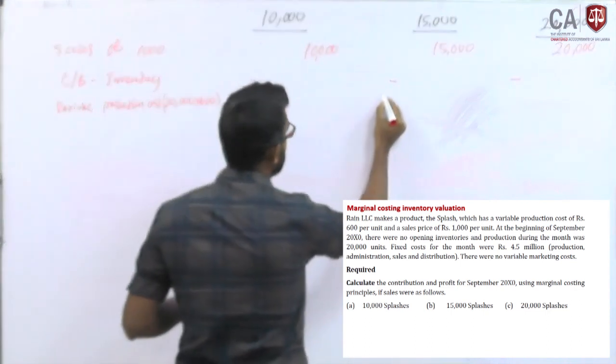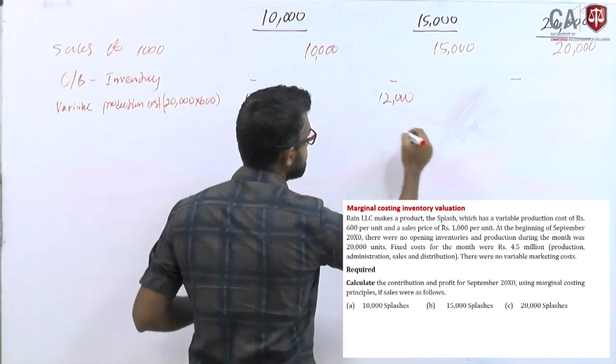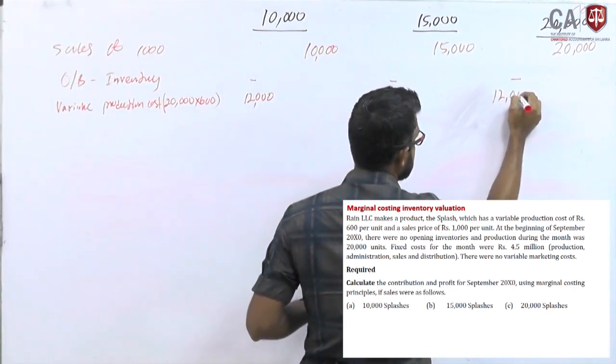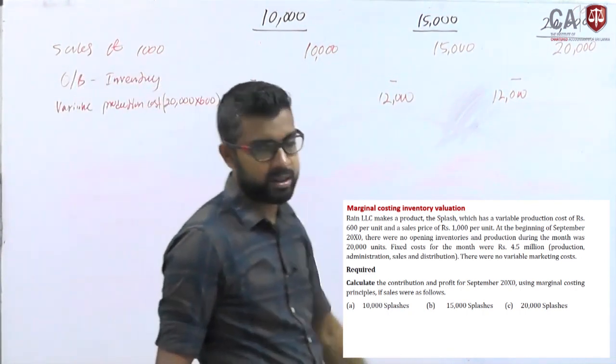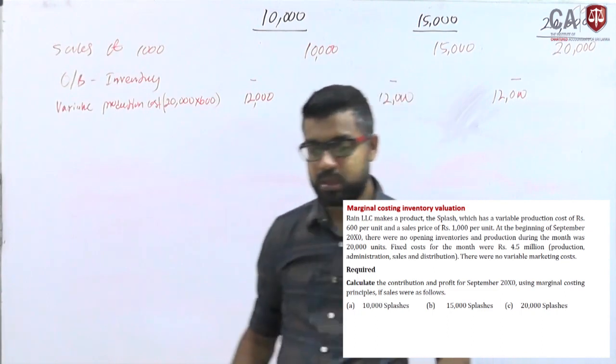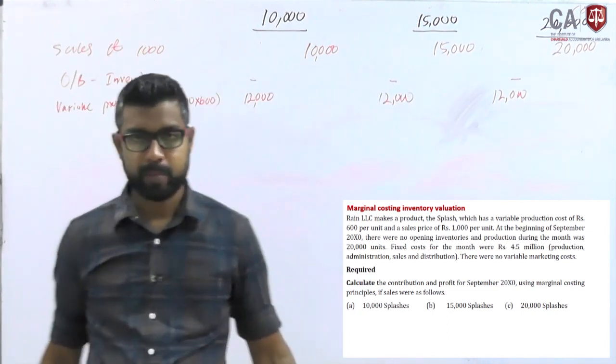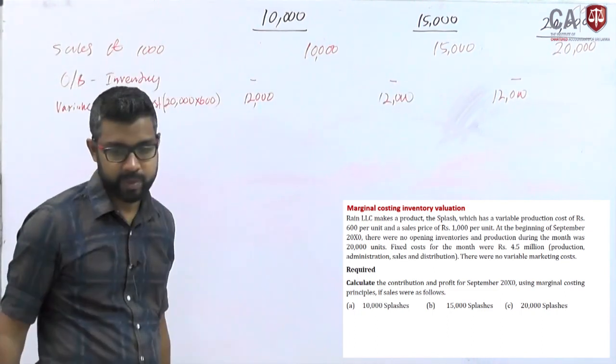So here also 12,000, here also 12,000, because production will not change, no? Under each sales activity level, the production cost is the same, because you have produced 20,000.